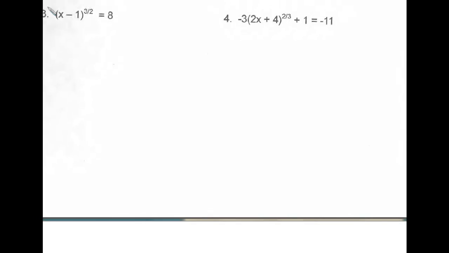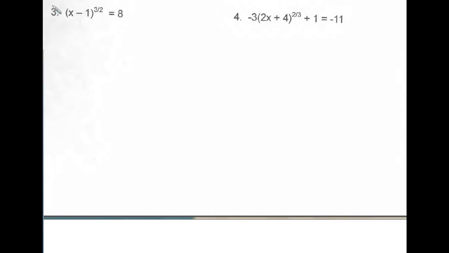Let's look at example 3. X minus 1 to the 3/2 power is equal to 8. Notice that when we box it off, it is isolated and by itself on one side of the equal sign already.